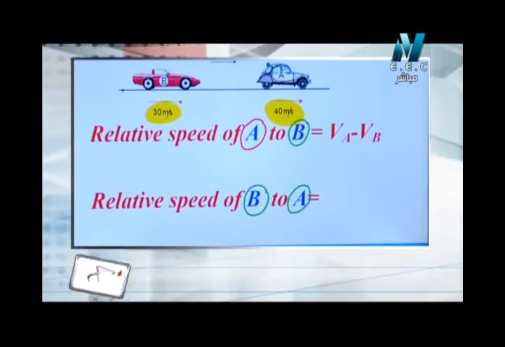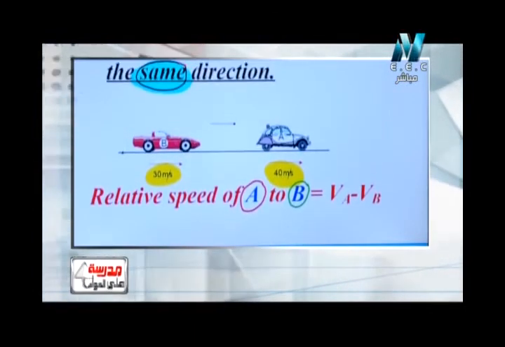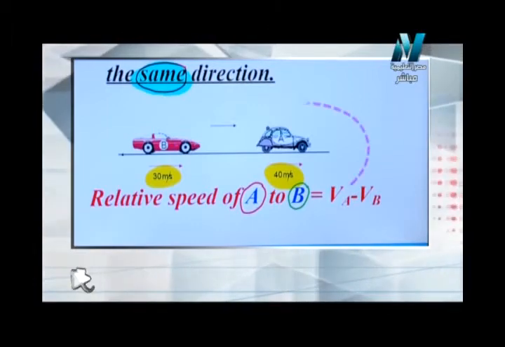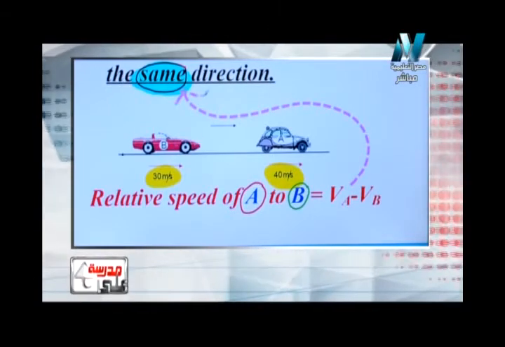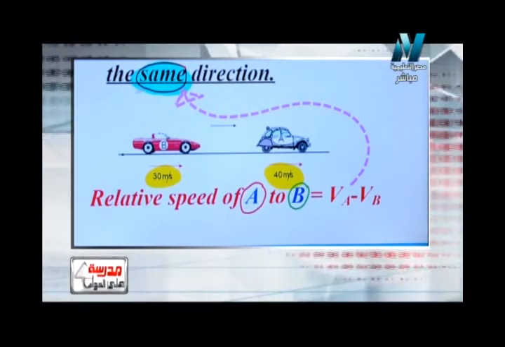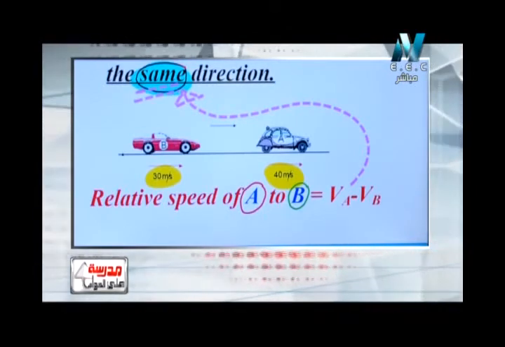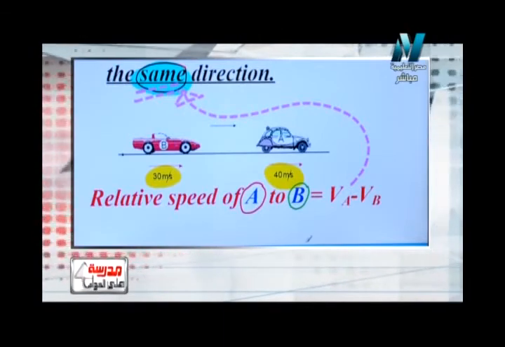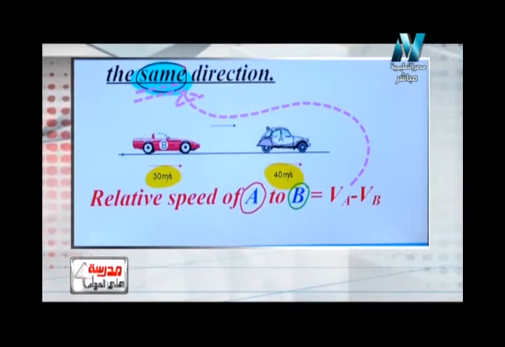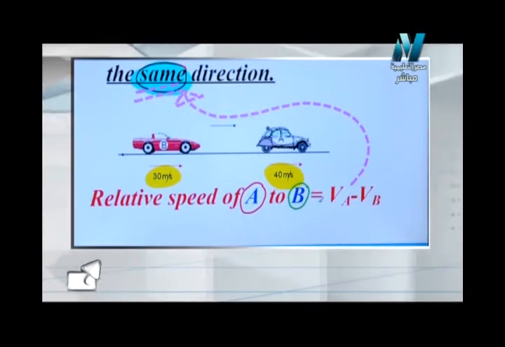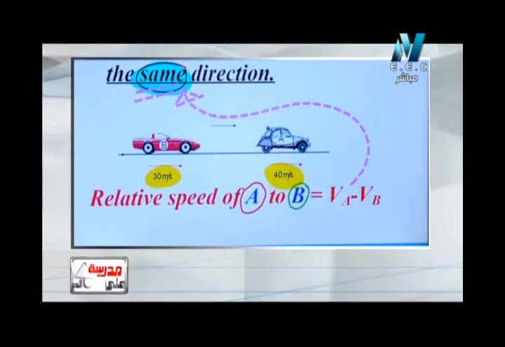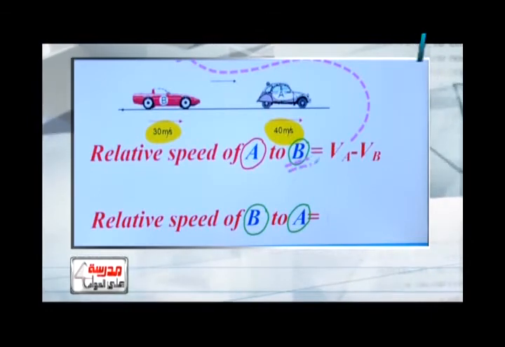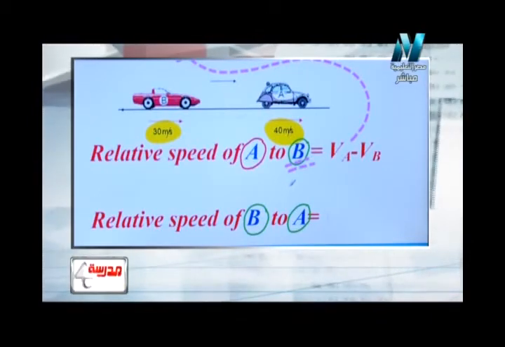Why minus? Subtraction here. Why? As we see here, because they move in the same direction. شايفين انا بتكلم على ايه؟ The same direction. So VA minus VB. اوكي؟ طيب هعرف منين احط VA minus VB ولا VB minus VA؟ لما يقول لي me to observer، here car B is the observer, the other object.